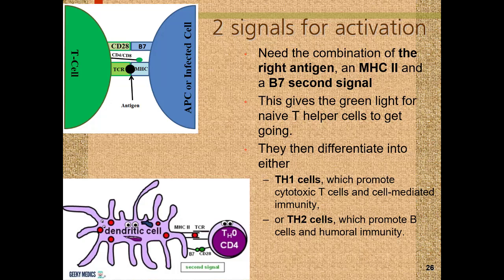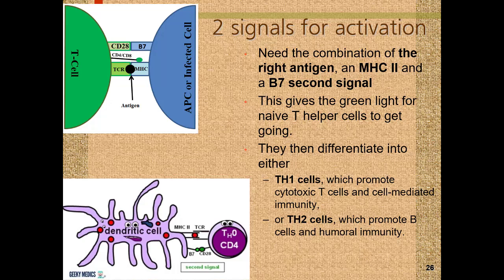Here are two pictures of receptor attachments between the T helper and an APC. Remember that it is a dual activation system. The main receptor binding is between a TCR, T cell receptor, and the MHC. I've already mentioned usually a class II. That's where we're going to start.